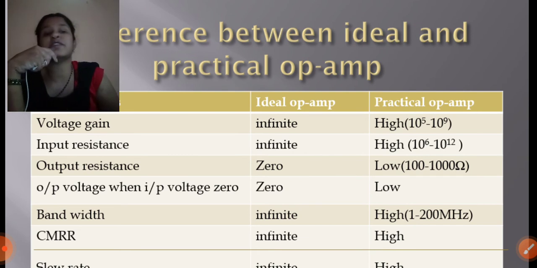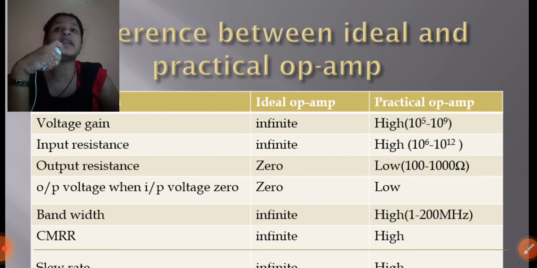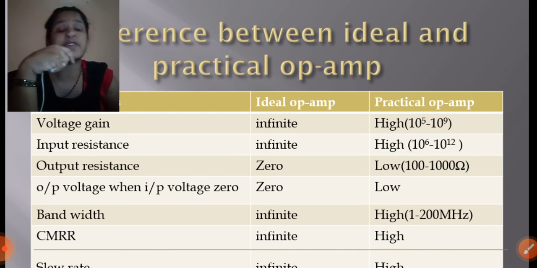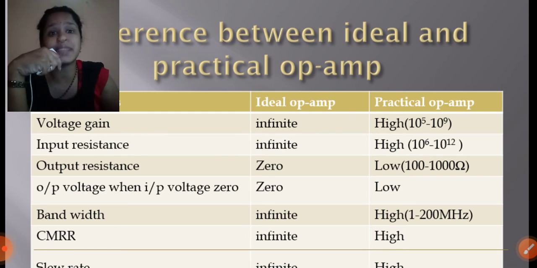Bandwidth is infinite ideally. Practically it is very small, but we are trying to increase the bandwidth of the operational amplifiers by using the negative feedback method, right?